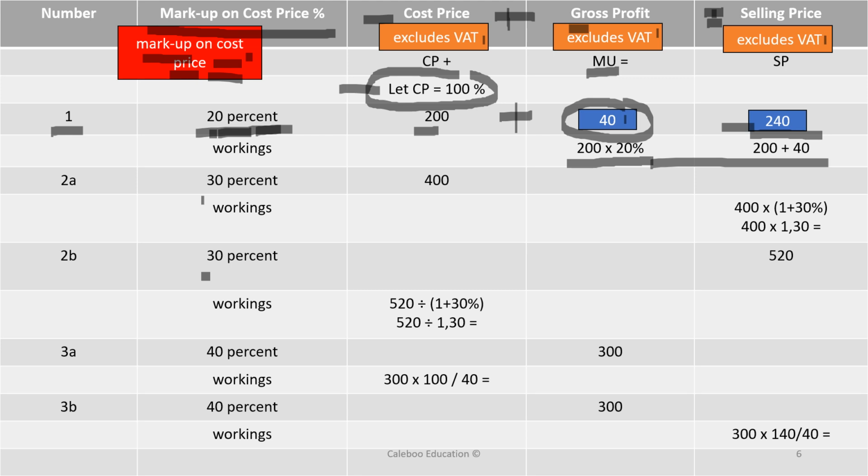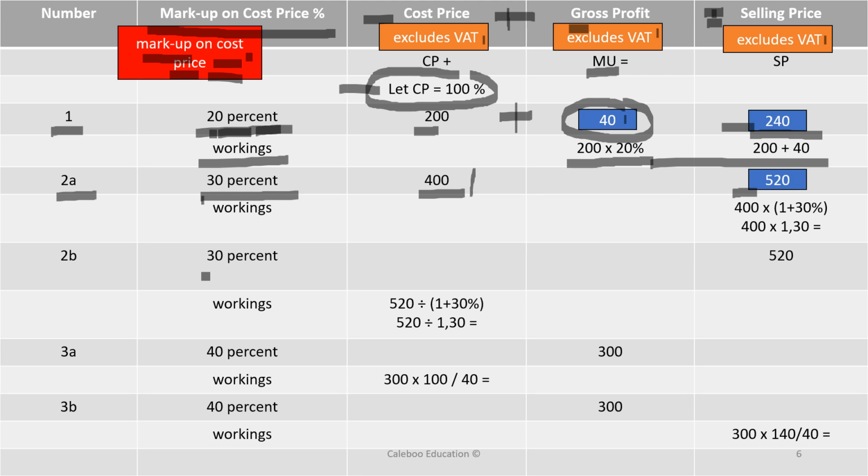There we go. They're the workings or the calculations for number one, when the markup on cost price was 20%. Now I've got 2A. We're given the markup on the cost price is 30%. The cost price is 400. Now I've gone straight across to the selling price.